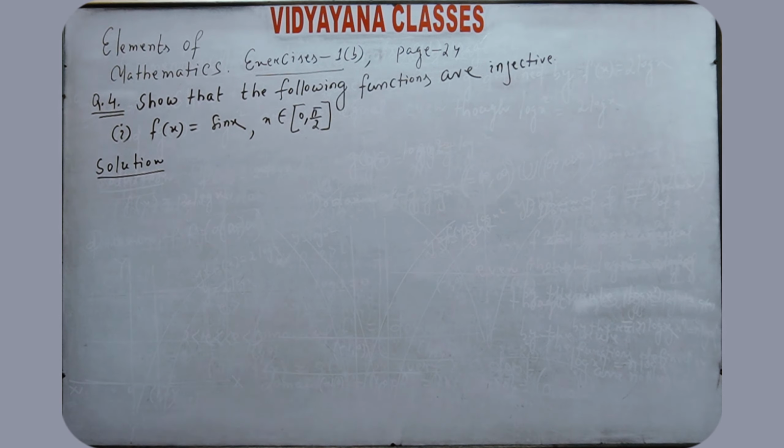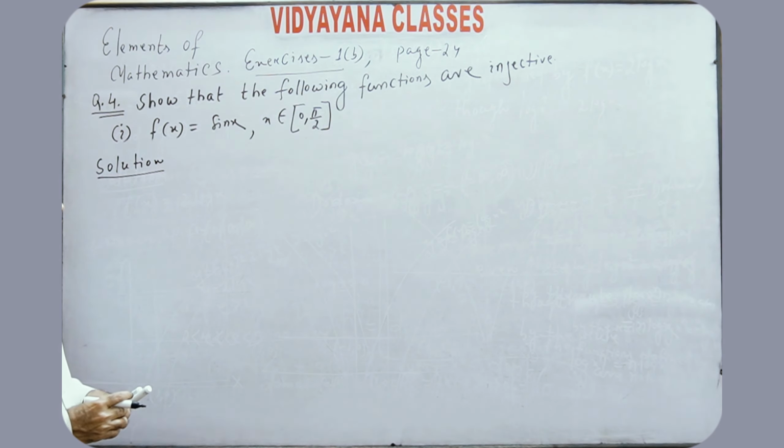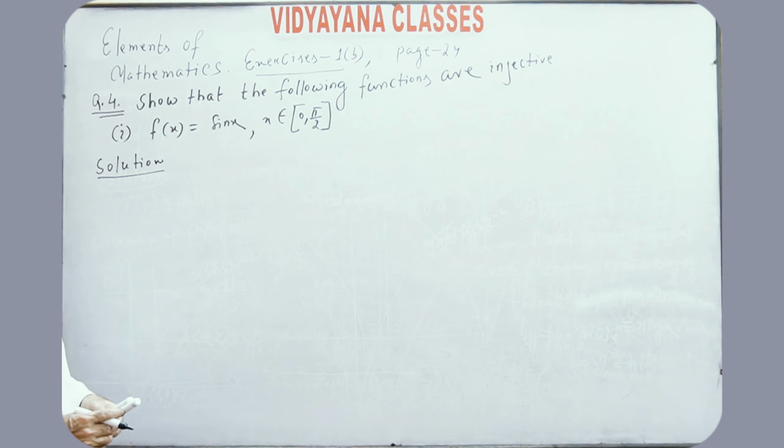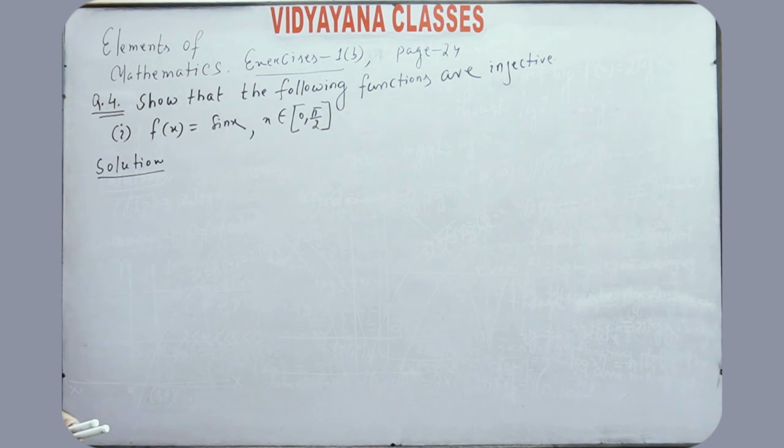We have to test the function is injective. By the definition, for every x1, x2 belongs to domain set, f(x1) is equal to f(x2) implies x1 is equal to x2. Or for every x1, x2 belongs to domain set, x1 not equal to x2 implies f(x1) not equal to f(x2).